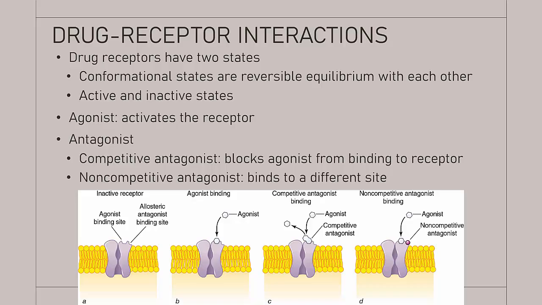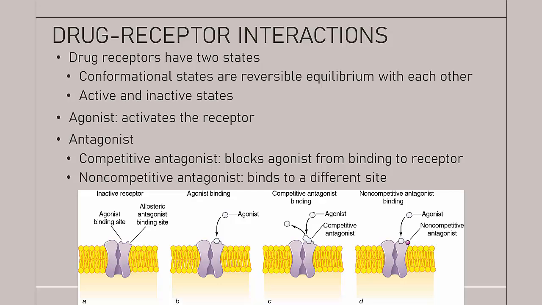A drug that, in binding to its receptor, favors the active receptor is an agonist. A drug that inhibits the receptor by blocking agonist induction leaves the receptor unbound and available for binding.